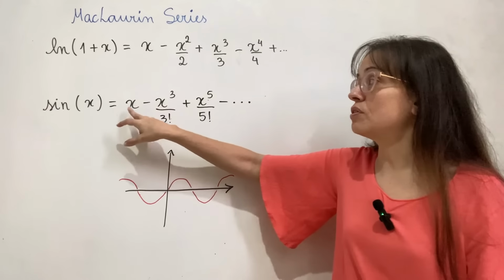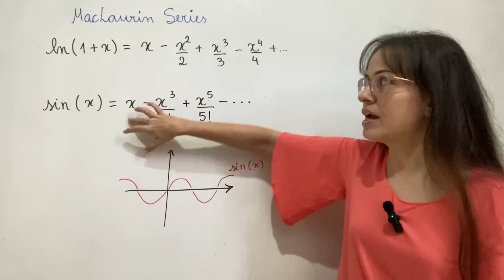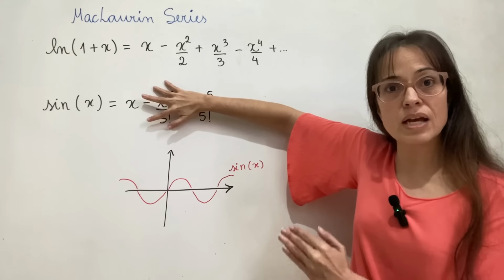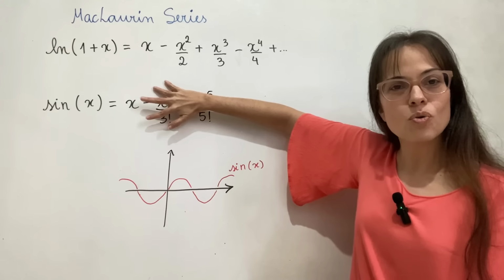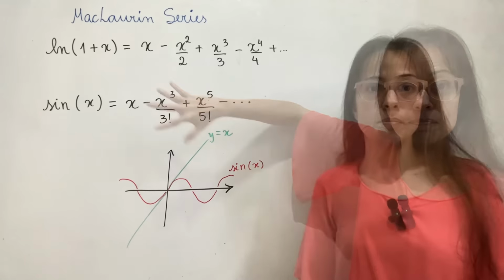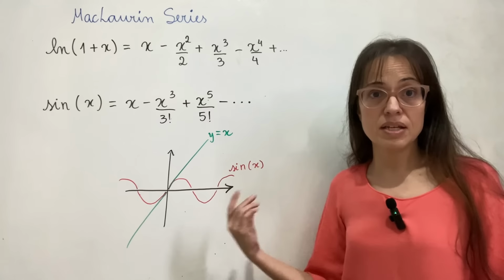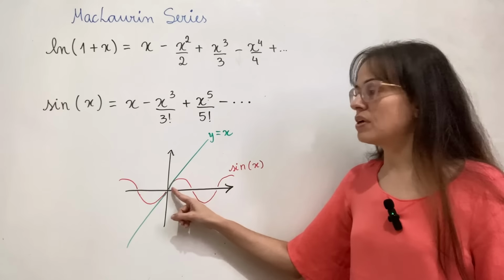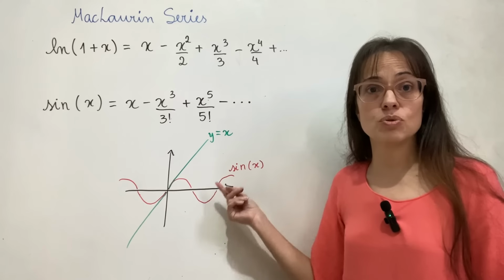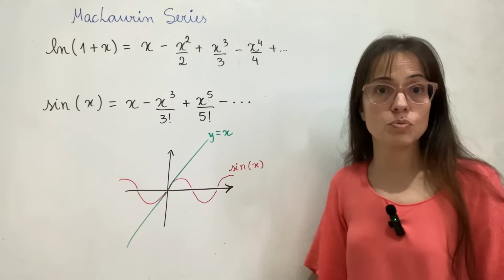And the first one, if you just take the term x and forget about everything else, you're getting the approximation sine of x equals x, which might not sound like a very good approximation when you say it like that, but depending on the value of x, it is going to be a good approximation if x is small, because y equals x is the tangent line to the sine function at x equals 0.